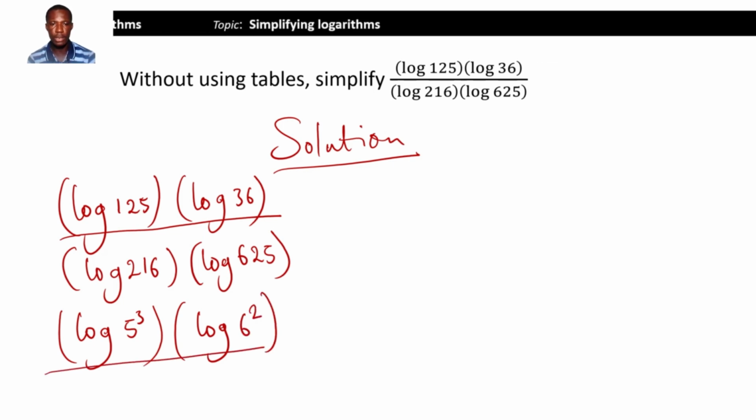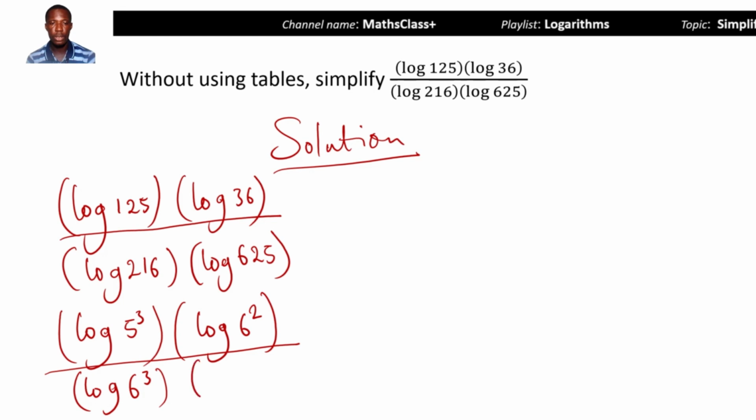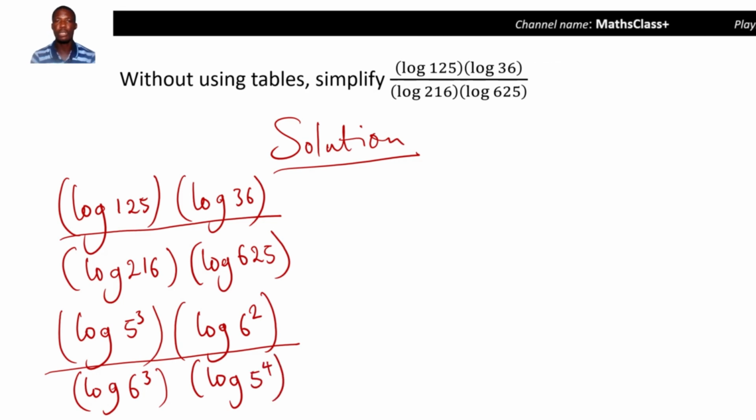That is 36. Then we go ahead and write log 216 as log 6 to the power 3. That is multiplying log 625, which can be written as log 5 to the power 4. So this is what we have.